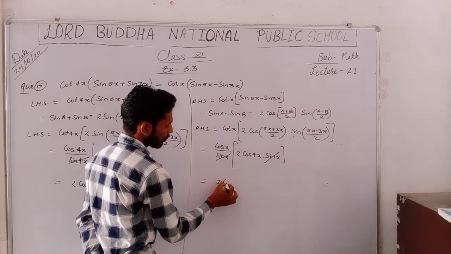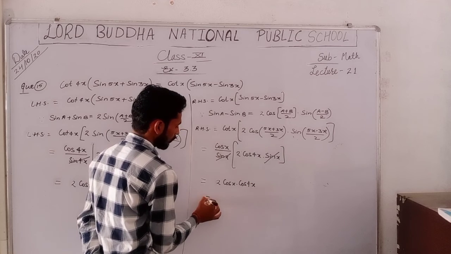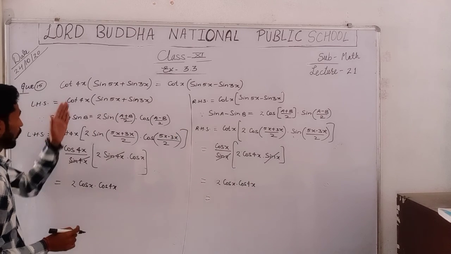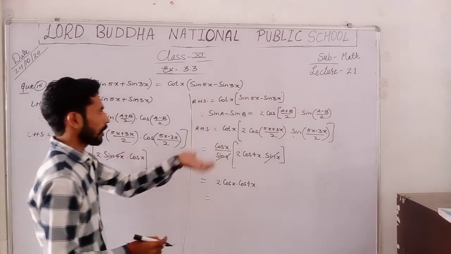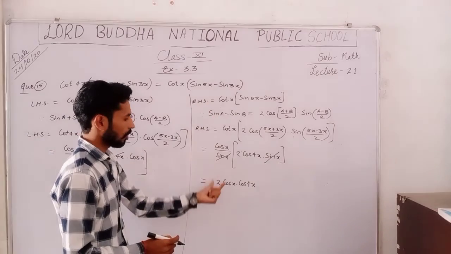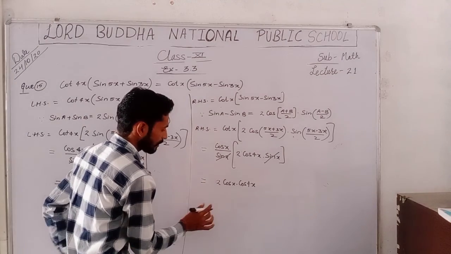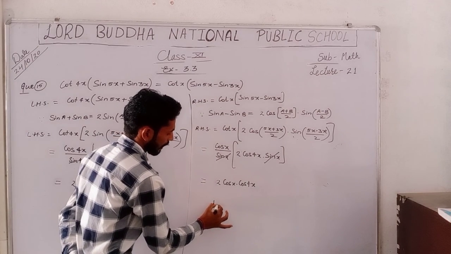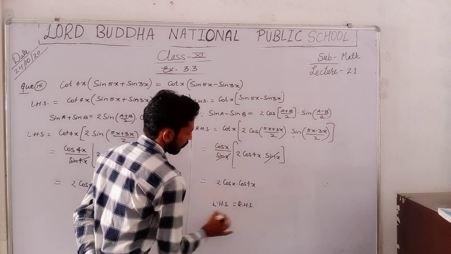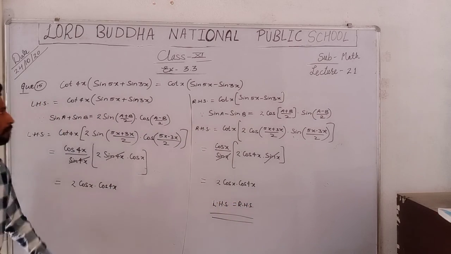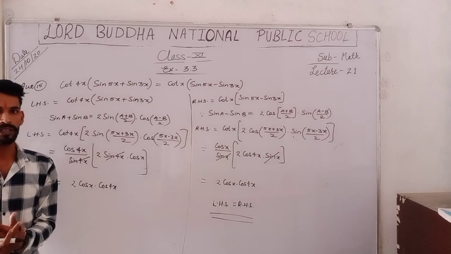So write 2 cos x into cos 4x. When we solve the left hand side, the answer is 2 cos x into cos 4x, and when we solve the right hand side, the answer is also 2 cos x into cos 4x. So we can say the left hand side of this question is equal to the right hand side. This is the proof of question number 15. We will meet in the next video lecture. Thank you.